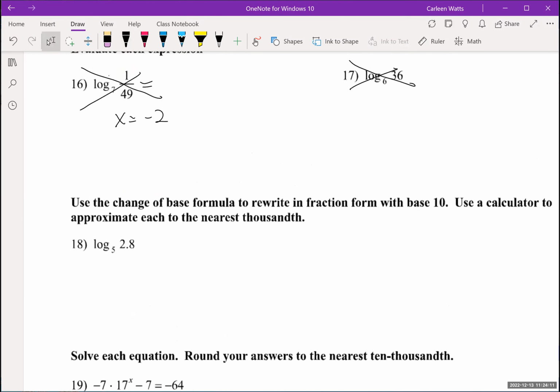Okay, 18, change of base. So we're going to go log of the answer divided by log of the base.